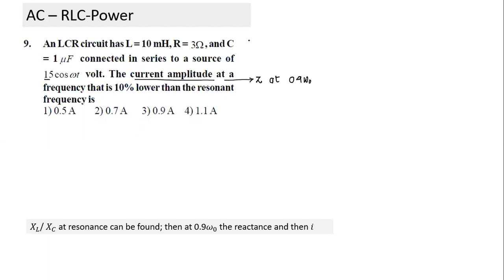Whatever value of XL and XC I have here, at resonance XL is equal to XC is equal to X. At 0.9 omega naught, we can easily find these values. XL dash will become equal to 0.9X, and XC dash will become equal to X divided by 0.9.